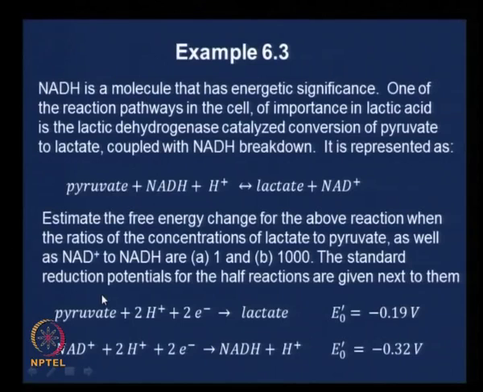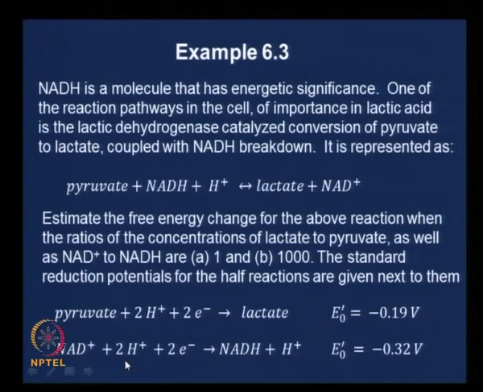The standard reduction potentials for the half reactions are given next. Pyruvate plus 2H plus plus 2e minus gives you lactate. This is one half reaction where the standard reduction potential E naught dash, again the dash refers to pH 7 condition, equals minus 0.19 volt.